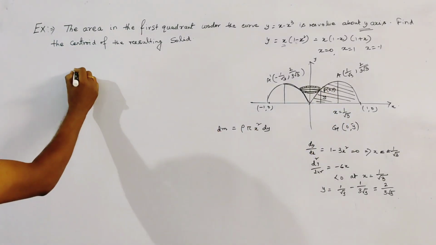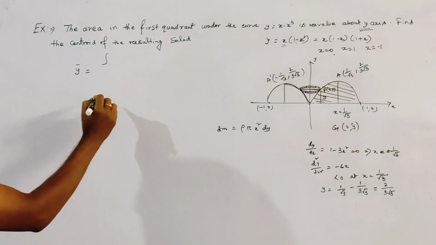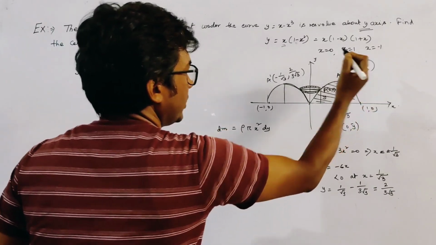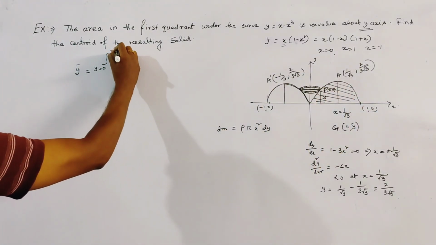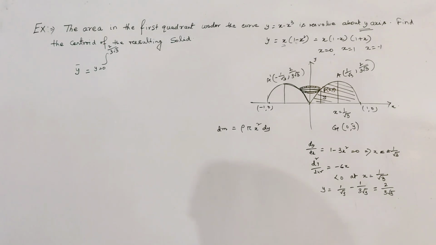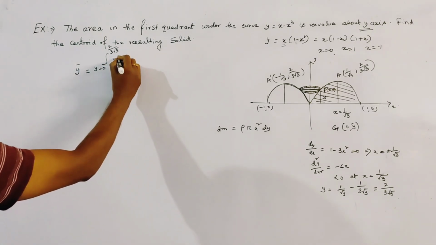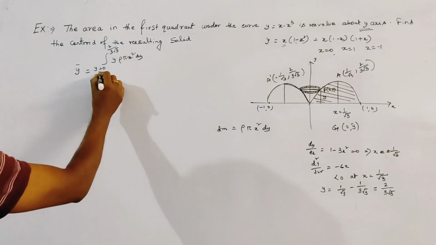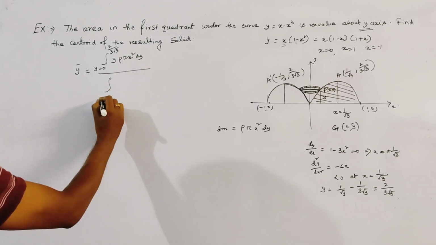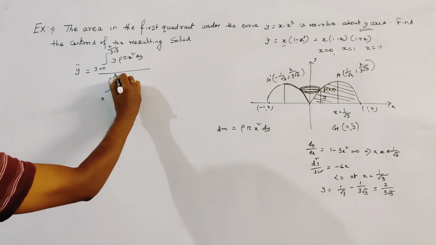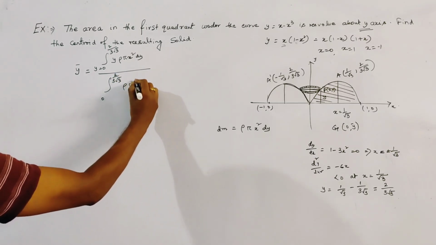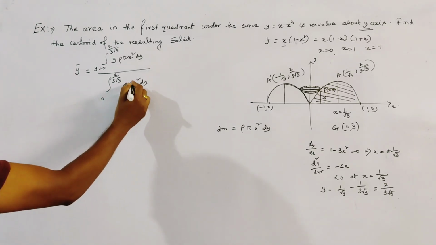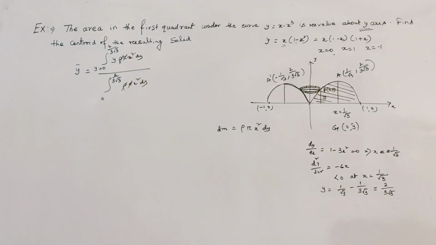So to find y bar, we integrate y from 0 to the maximum value 2 by 3 root 3, of y into rho pi x square dy, and in the lower integration, from 0 to 2 by 3 root 3, only rho pi x square dy. We cancel out rho pi on both sides.